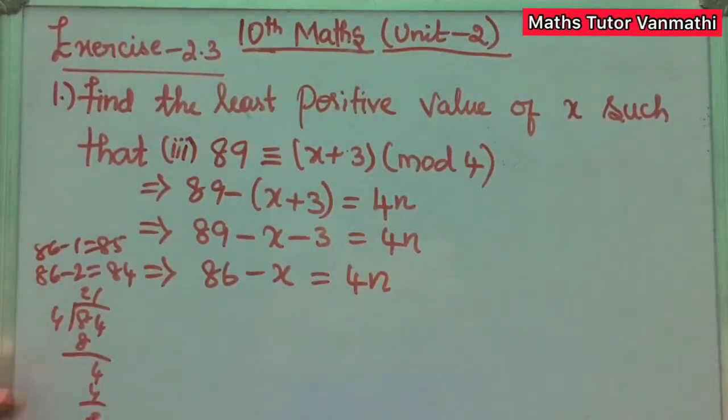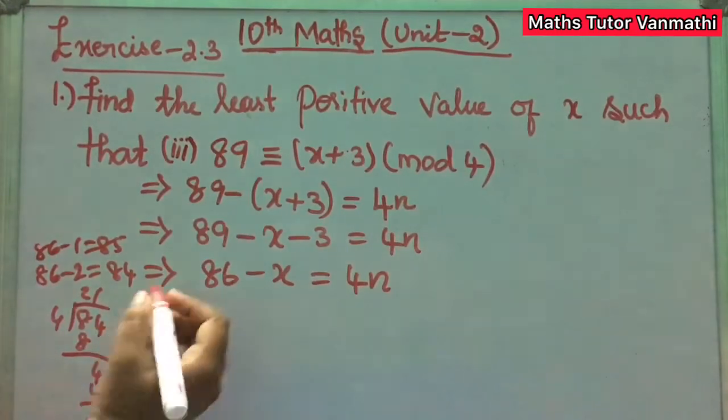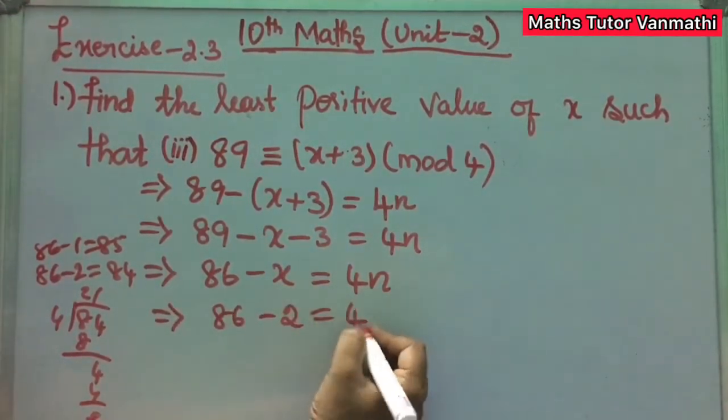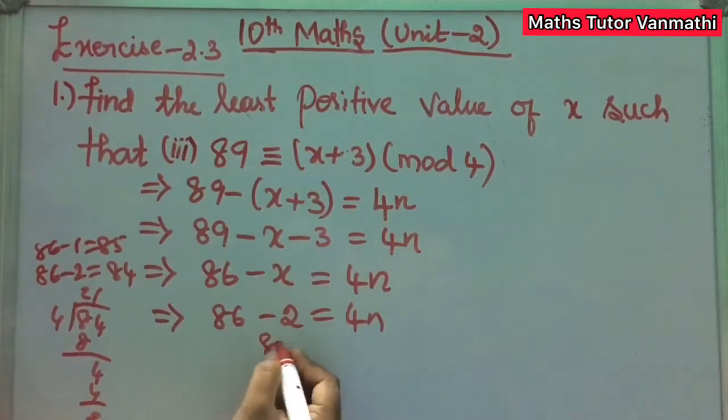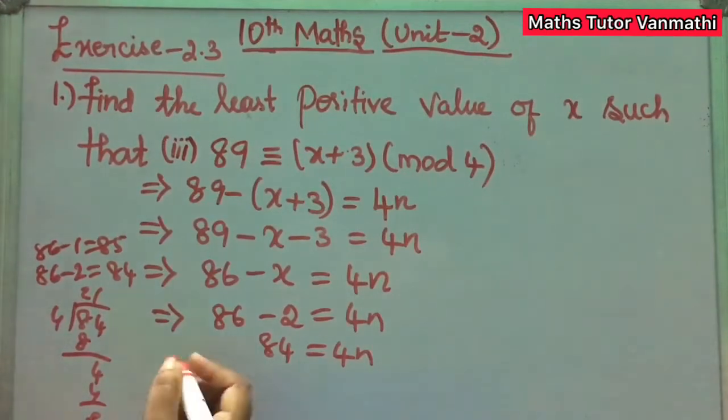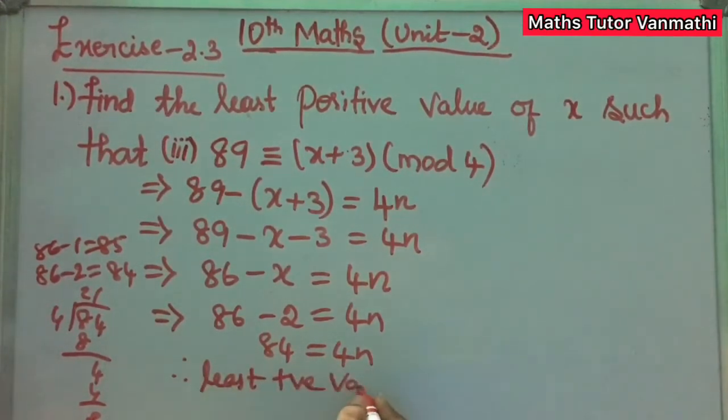So surely it is a multiple of 4, which implies 86 minus 2 is equal to 4n. That is, 86 minus 2 is equal to 84. 84 is a multiple of 4. Therefore, the least positive value of x is 2.